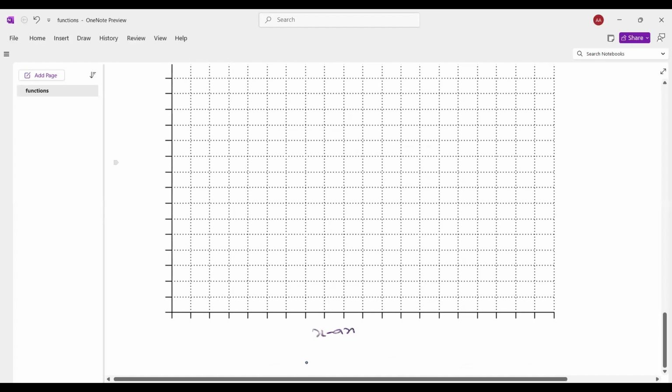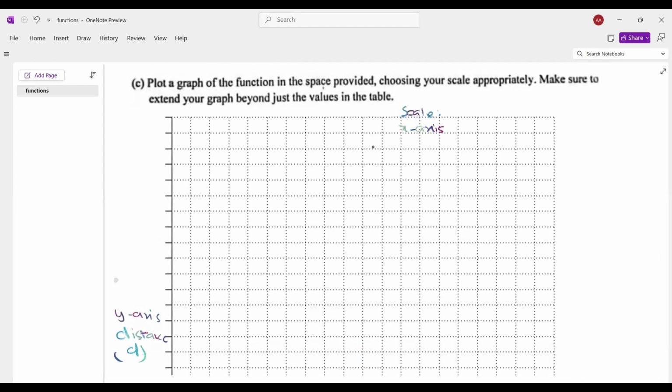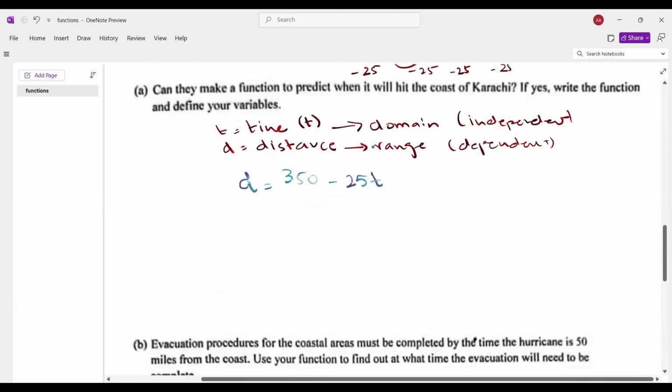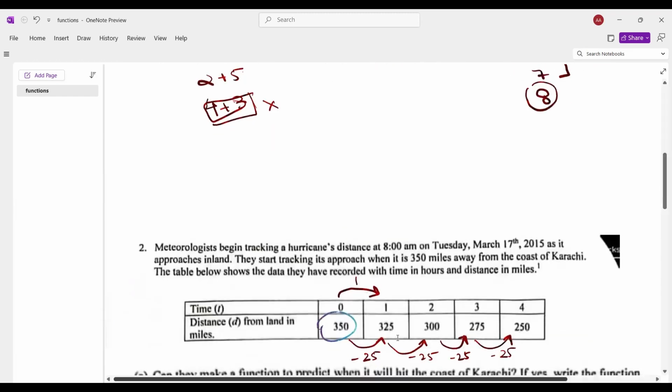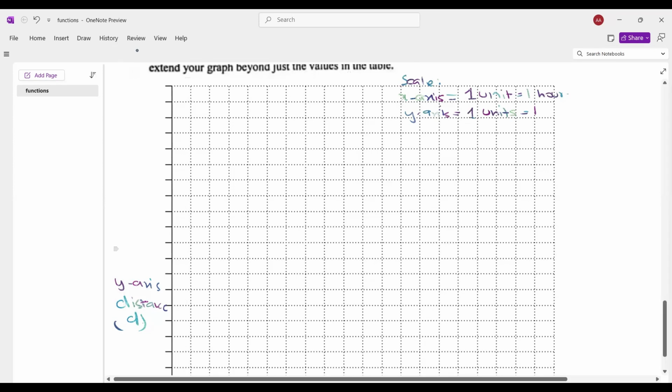So here, this is our x-axis, and the independent value is time. And this is our y-axis, and the dependent value is the distance, d. Now let's move on with the scale. On the x-axis we have time, and we will set 1 unit equal to 1 hour. On the y-axis, we can see that the value of the distance keeps changing by 25 units, so we'll say 1 unit equals 25 miles.